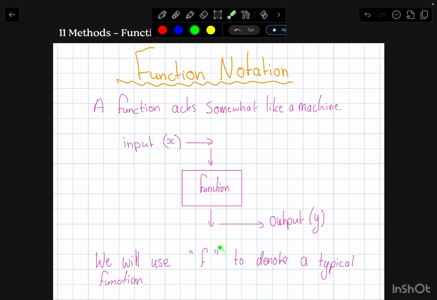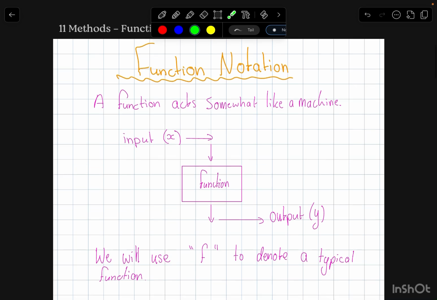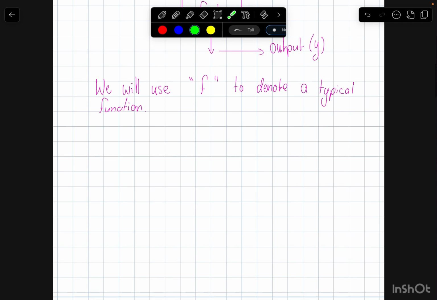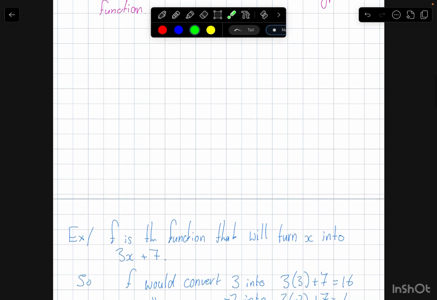Typically we'll use f to denote a function, but functions can be named with a whole bunch of different letters, and we'll practice using different letters later in this video as well. If we look at an example, f is the function that will turn x into 3x plus 7.